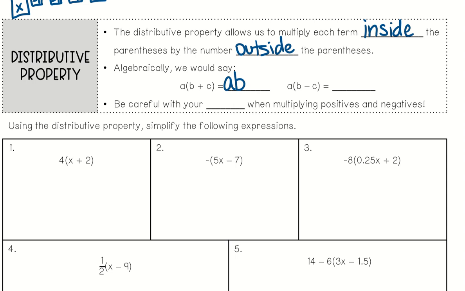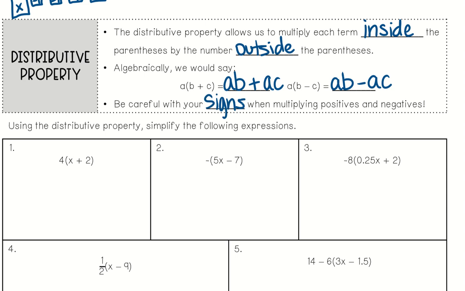So that would be A times B plus A times C. We would want to multiply A times both terms, and then we would add them together. Now, these are variables, so we can't add AB and AC together because they're not like terms. So it would just stay just like that. So similarly, if I have A times B minus C, this would be A times B minus A times C, and we would leave it.